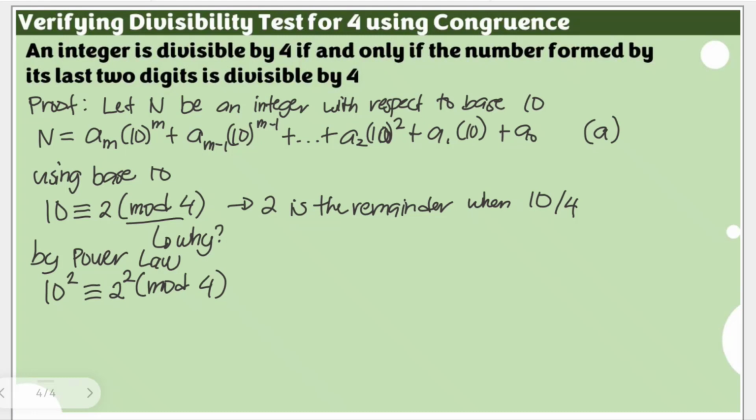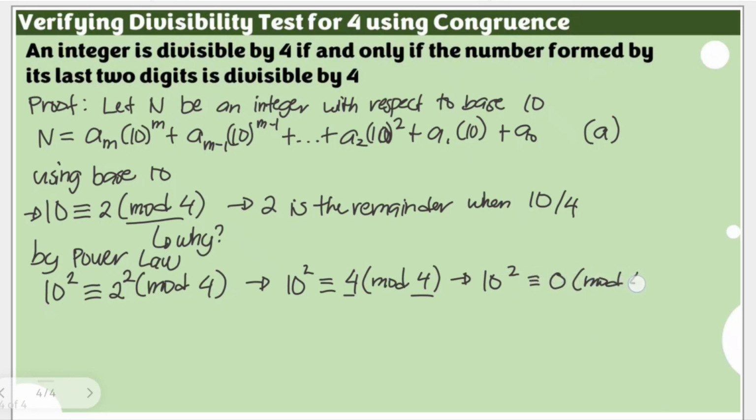Take note, 10 squared is congruent to 2 squared, which is 4, modulo 4. But 4 modulo 4 is divisible, right? We can divide that. This is further equivalent to 10 squared is just congruent to 0 modulo 4. Because if you look at 10 squared, that's 100. And 100 is divisible by 4, right?